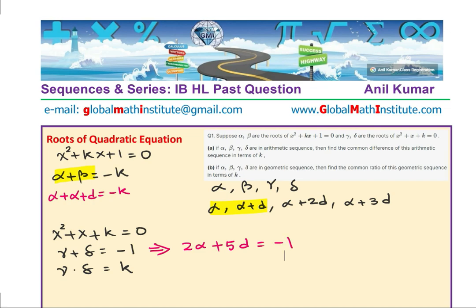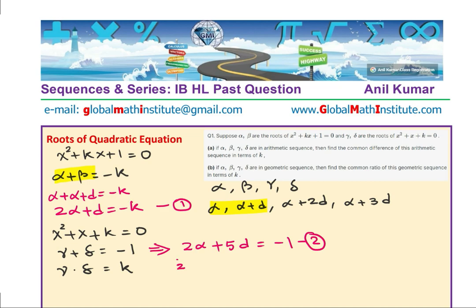You get the idea. So one equation is 2 alpha plus d equals minus k. The other one is 2 alpha plus 5d is minus 1. Let's call them equation 1 and equation 2. Clear? Now we can eliminate alpha by subtracting one equation from the other.